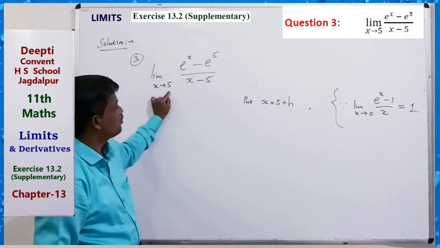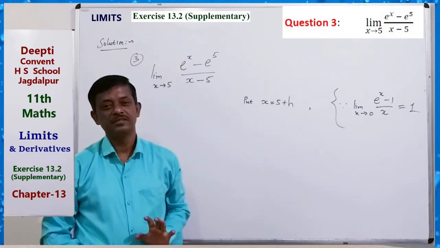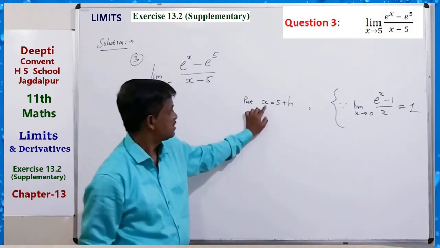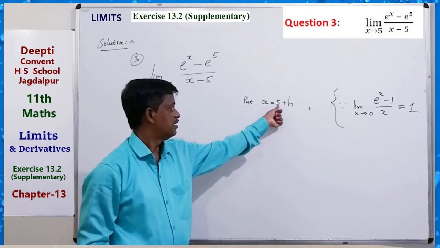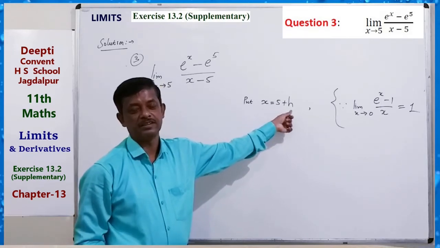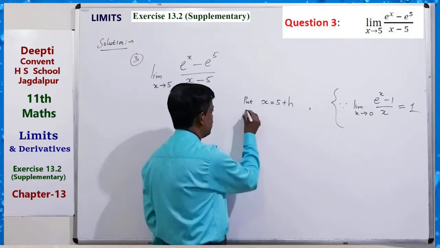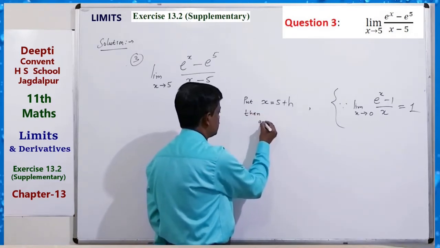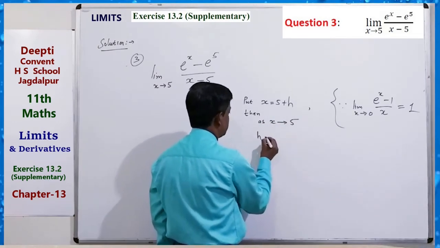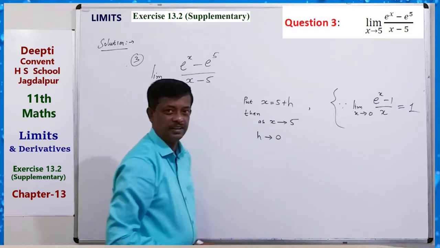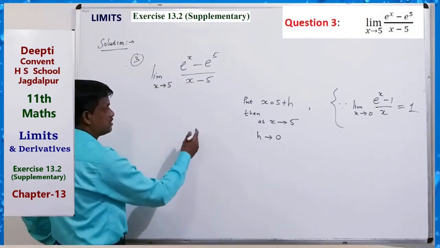If x tending to 5, then the new variable h tending to 0, because x tending to 5 means 5 plus h tends to 5, so 5 cancels and h tending to 0.